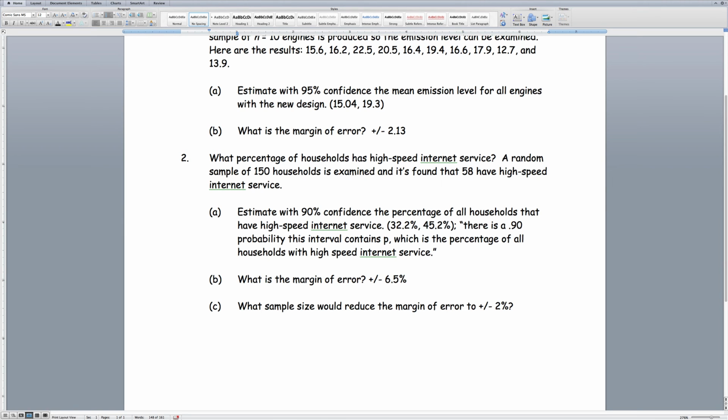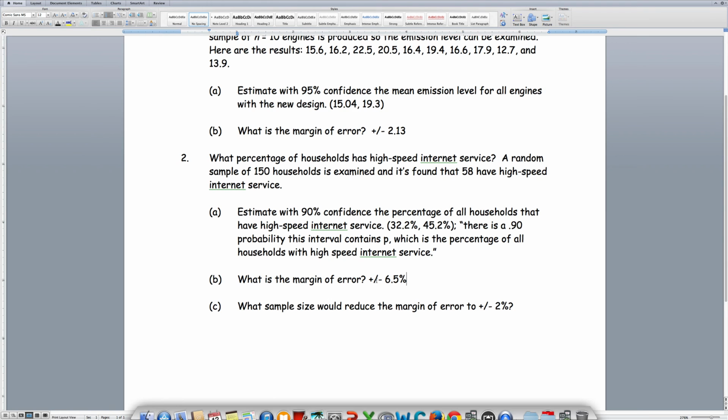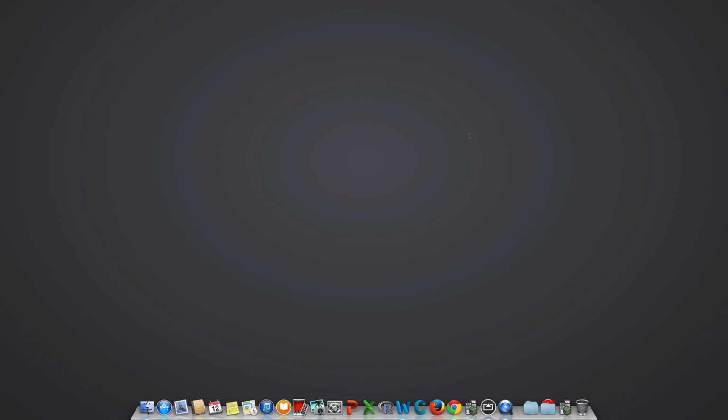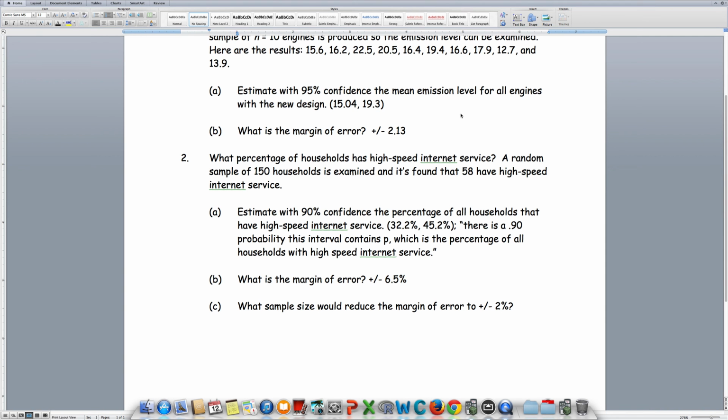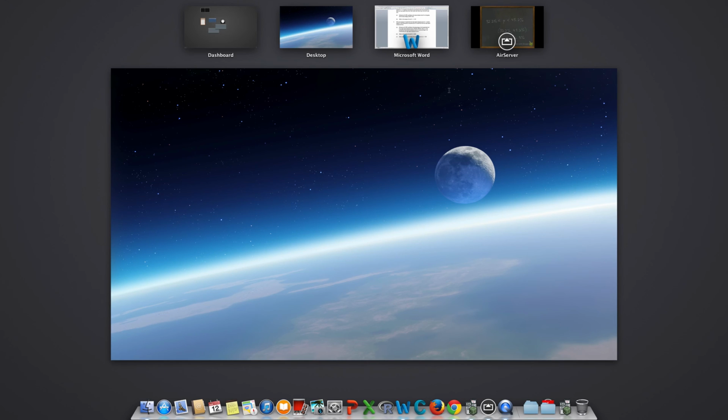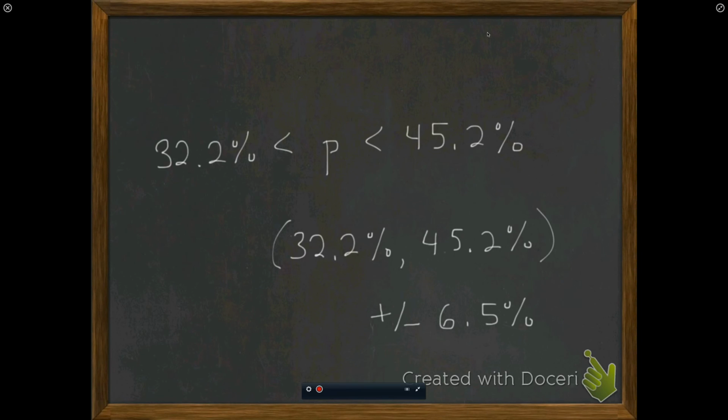Guys, the margin of error was plus or minus 6.5%. Alright guys, the next problem: what sample size would reduce the margin of error to 2%? Let's go back over to this.